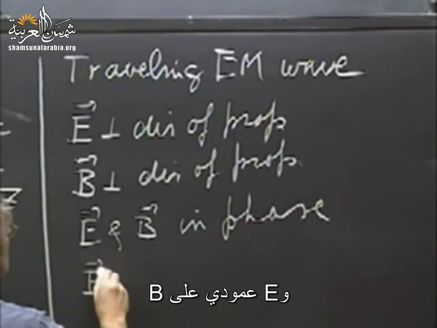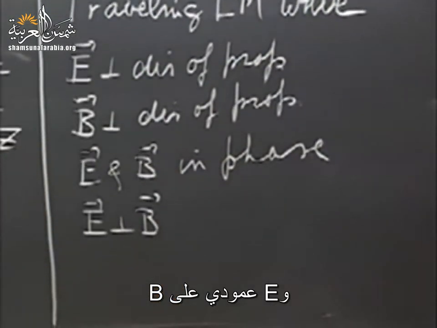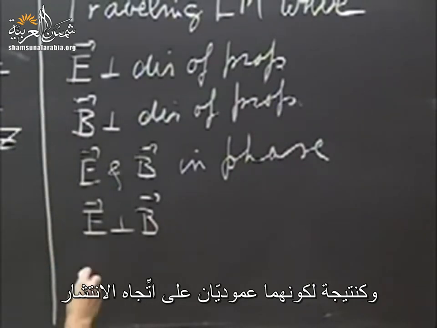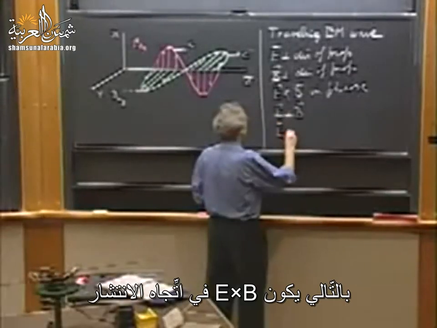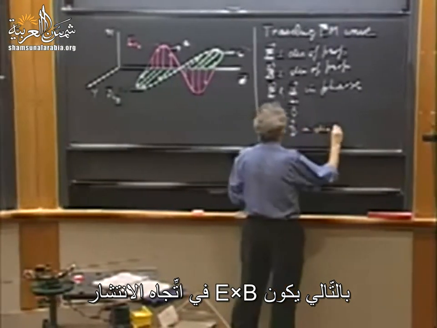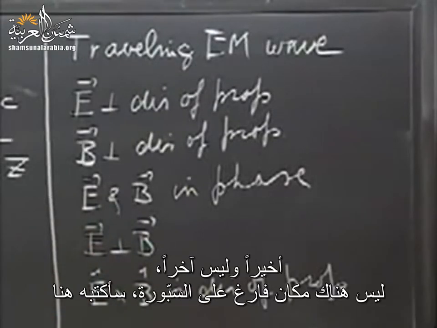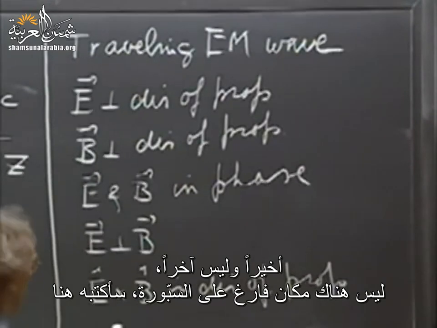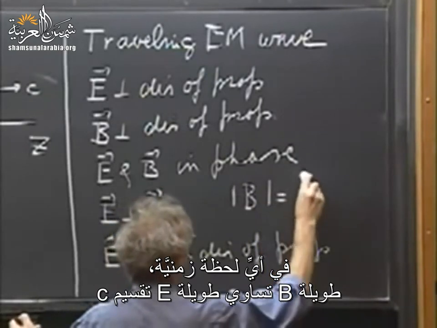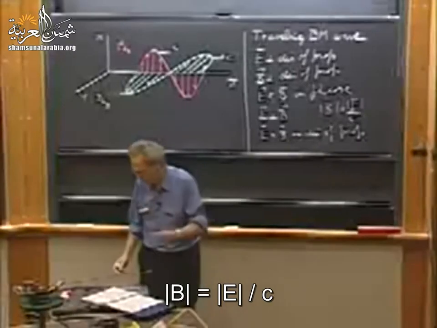E is perpendicular to B. And as a result of the fact that they're both perpendicular to the direction of propagation, it follows immediately that E cross B is in the direction of propagation. And then last but not least, I have no room for it, I put it here, that the magnitude of B at any moment in time is the magnitude of E divided by c.